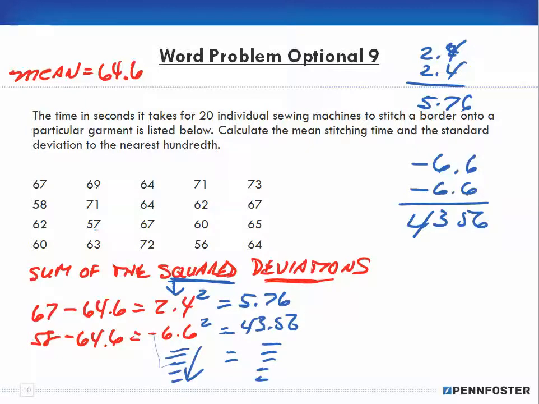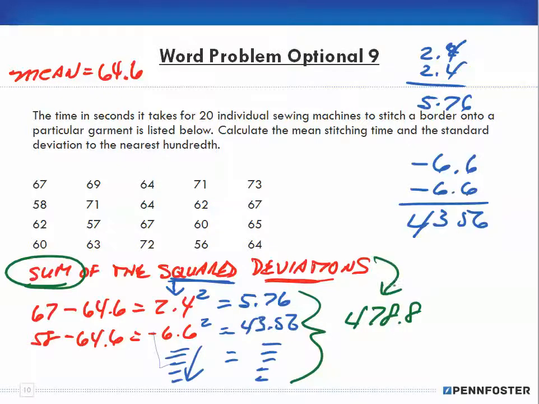The next step you have to do is you have to sum it, meaning you have to add all of these up, the 5.76 plus the 43.56 plus whatever the remaining squared deviations were. Okay, we're going to add them all up, and when you add them all up, you end up with 478.8. Okay, so that's the sum of your squared deviations.